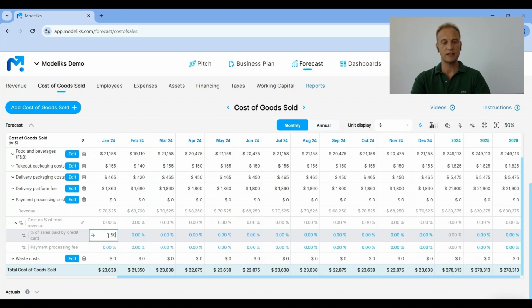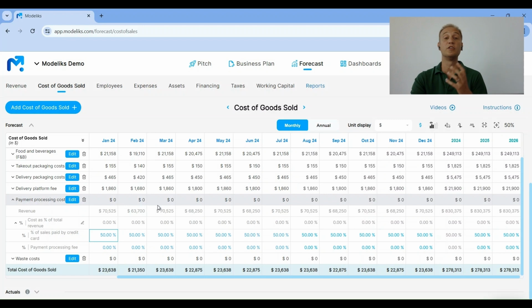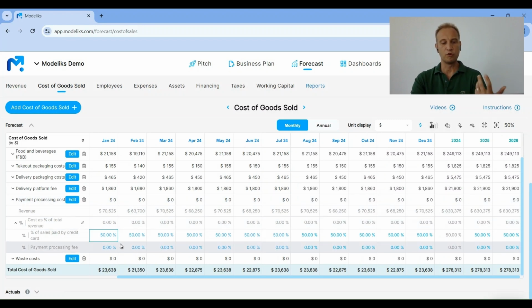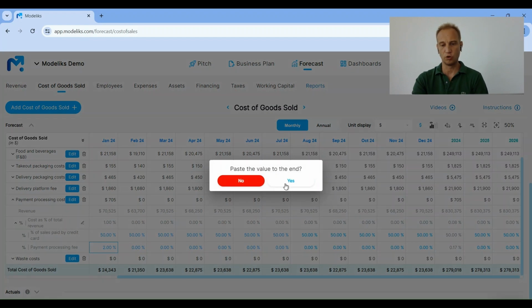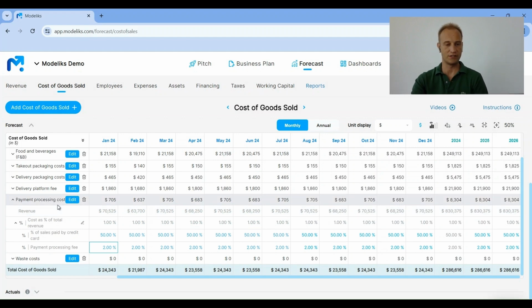The rest are paid in cash, which do not have a processing fee. And for those orders that are paid by credit card, let's say that the processing fee is about 2% of the bill. Copy paste that all the way to the end. And now we have calculated the payment processing fees for our restaurant.